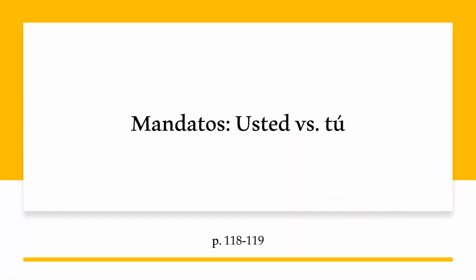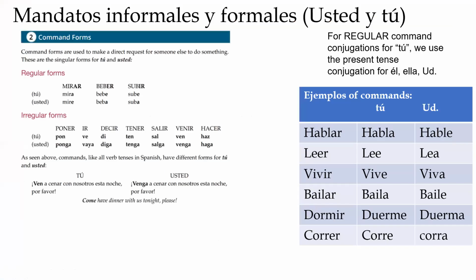Now we're going to talk about mandatos. Estamos en la página 118 y la página 119. Okay, so for mandatos informales y formales, usted y tú, we have two different versions.